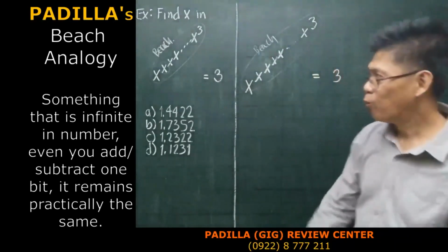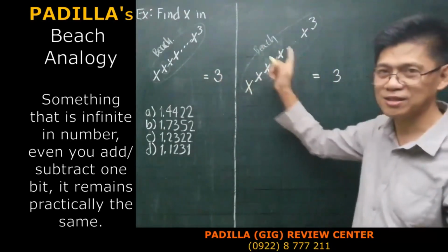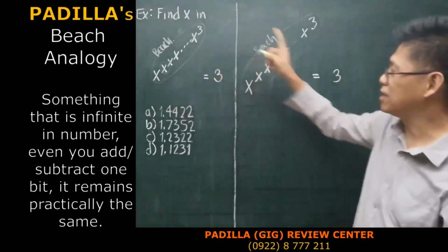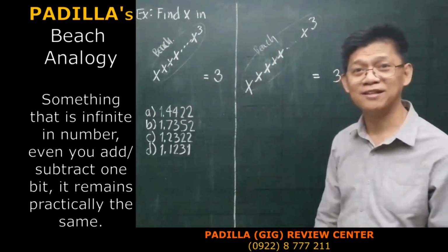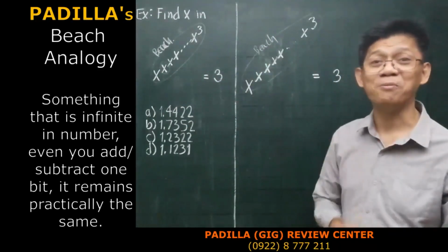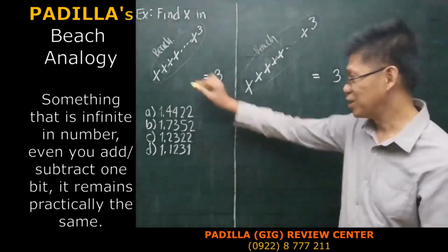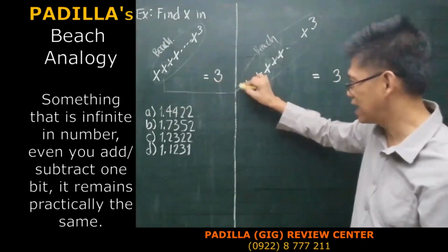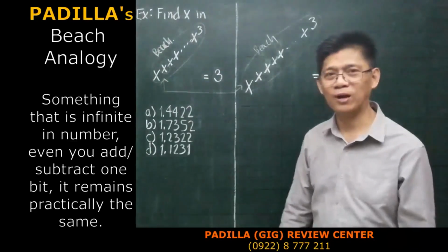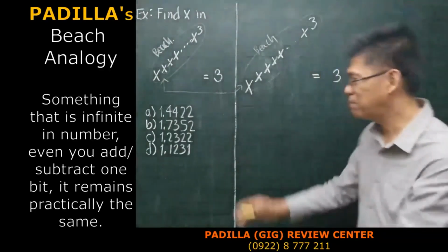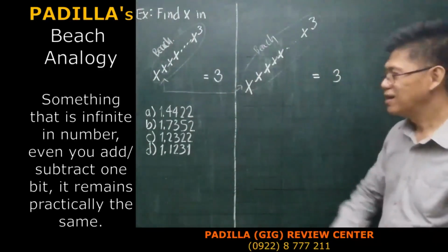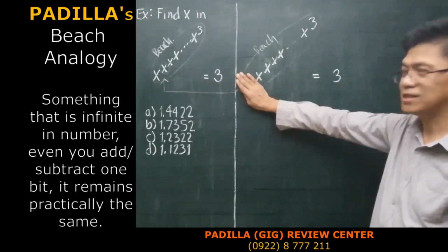Right? What can you say about the two beaches? The beach and the beach plus 1 grain of sand. They're the same. Agree? So this and this are the same. Walang nabago. But balikan natin yung ginawa ko dito. The original equation is this.